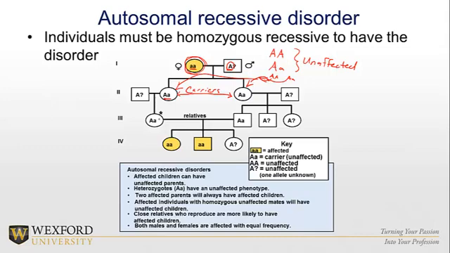Over here on the left, once again, we know this is an unaffected female. She's unaffected, so we know that she is A, little a, and then over here we have A, little a with a question mark, and A with a question mark. Now, how do we know, actually?